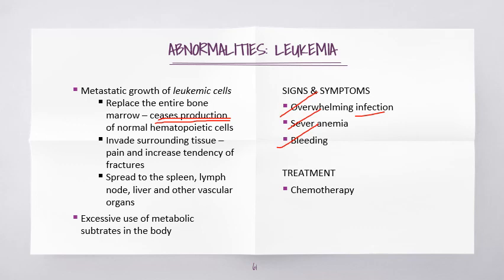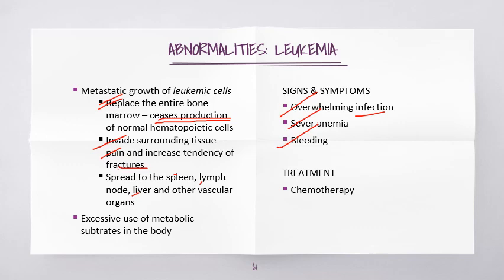So they replace the bone marrow. They may invade surrounding tissues that will cause fractures, or they may spread to the spleen, lymph nodes, liver, and other vascular organs.